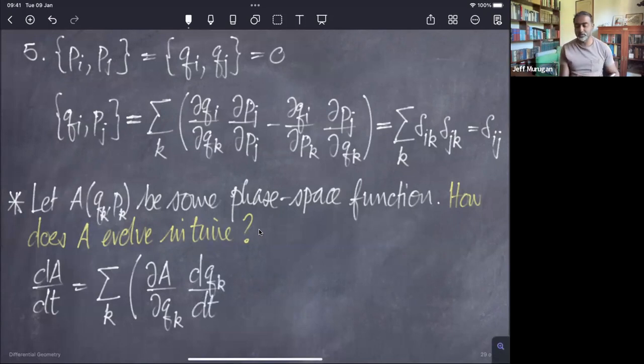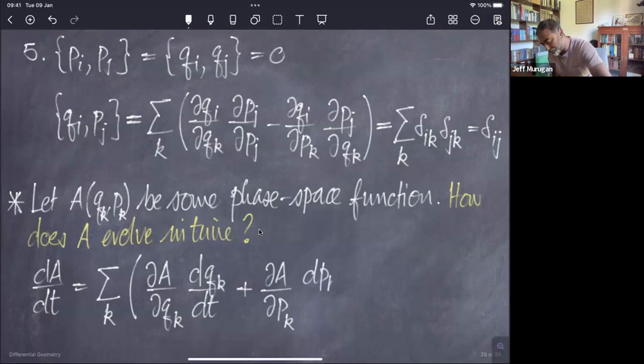So each of the qk's is a function of time only, therefore I can take a total derivative, plus dA by dpk, dpk by dt. So this is just a chain rule. A is a function of the QKs and the PKs. The QKs and the PKs are functions of time. So that's what I get from there.